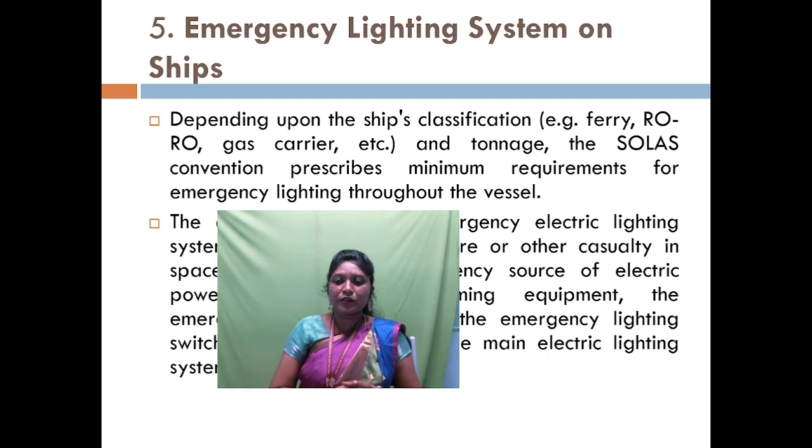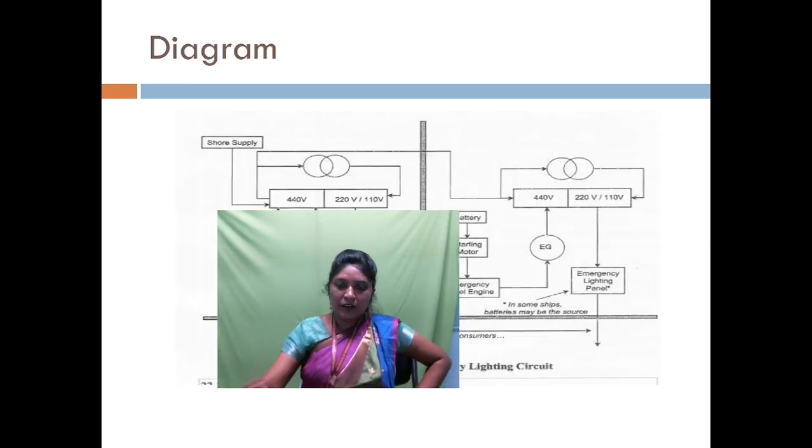The arrangement of the emergency lighting system must be such that any fire or other casualty in the space containing the source, the associated transformer equipment, the emergency switchboard and the emergency light switchboard should not render any main electrical system inoperative. So here is the electrical diagram for this emergency lighting system.